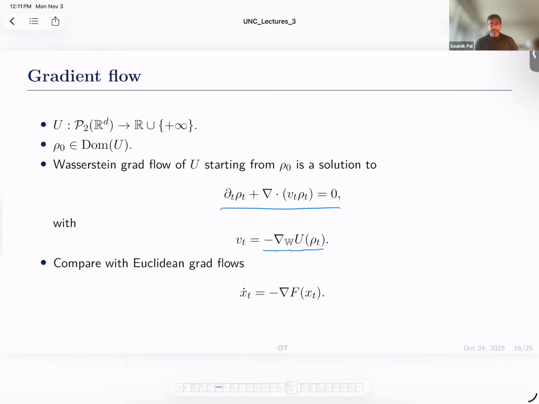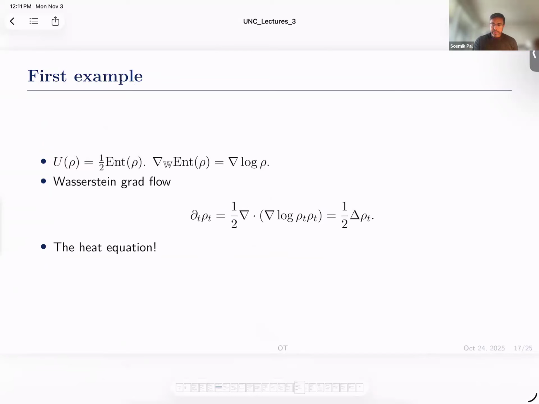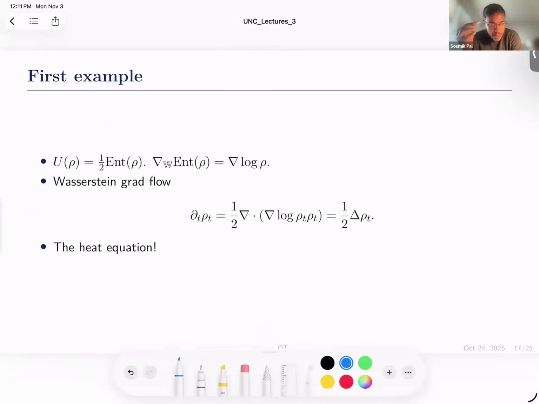So let's look into examples. For the first example, I'm going to take my function U of rho to be half the entropy. Why half? Because, as I've explained before, in probability this half is important. So you get half the entropy of rho. And what is the Wasserstein gradient of the entropy of rho? We know that this is the score function.